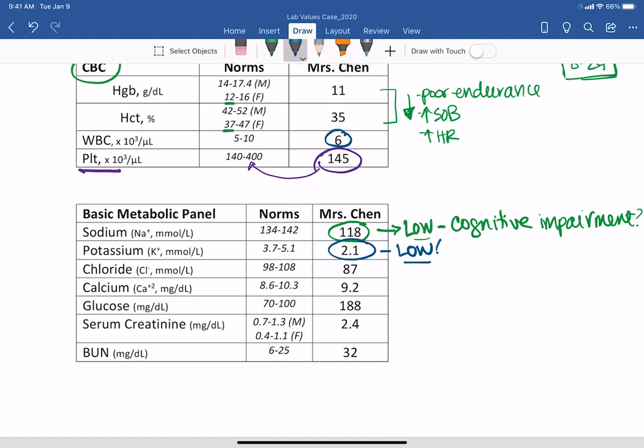What is the concern with low potassium? Potassium is important for electrical membrane potentials. The one I'm really worried about is her heart. So is there any cardiac issues with this patient? It's running through my head. What can I do? I can check any EKG reports that are in the medical record. I can look for reported findings, if there's any documentation of arrhythmias.